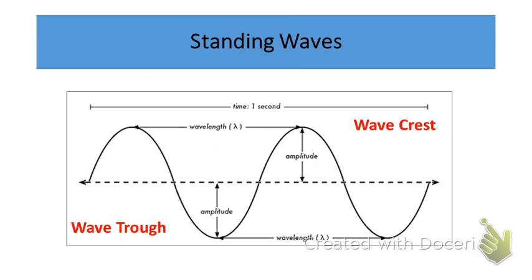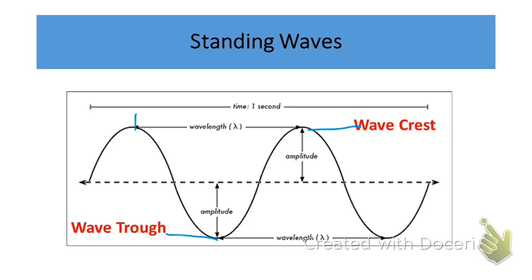All right. Let's look at some characteristics of all standing waves. As we mentioned earlier, a standing wave contains wave crests or peaks. The top of the peak is called the wave crest, and the bottom peak is known as the wave trough. Now, the important part of this standing wave is to understand some vocabulary words.